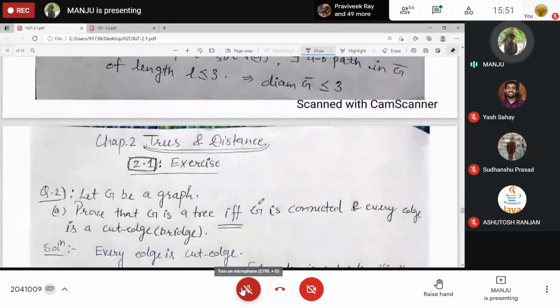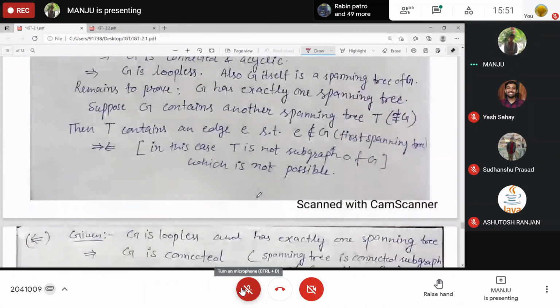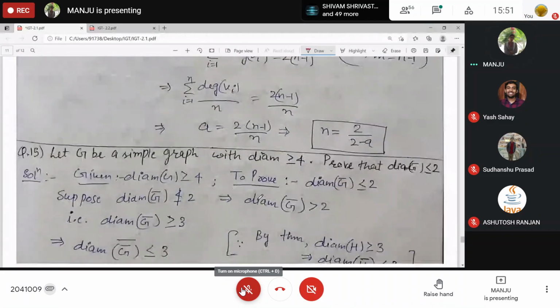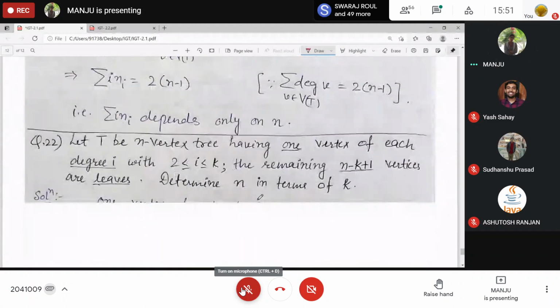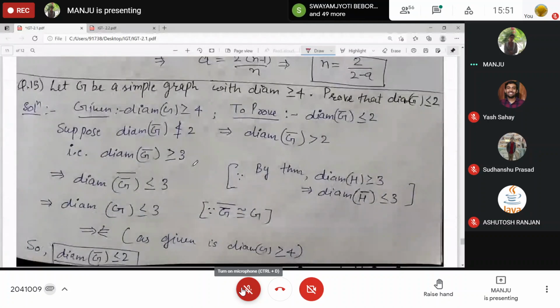So on the basis of that, can we solve one question? Yeah, this one. Let G be a simple graph with diameter at least 4.